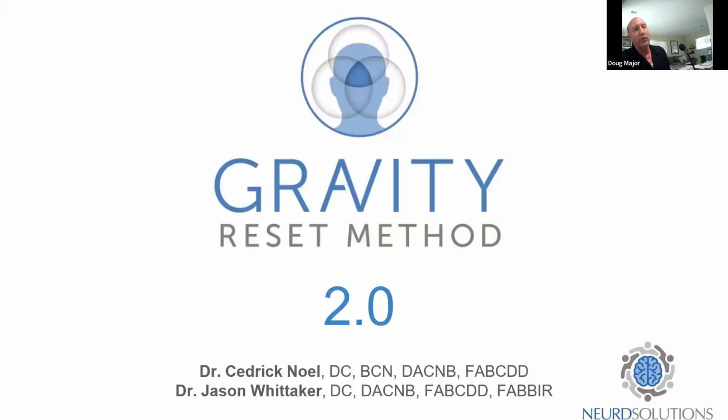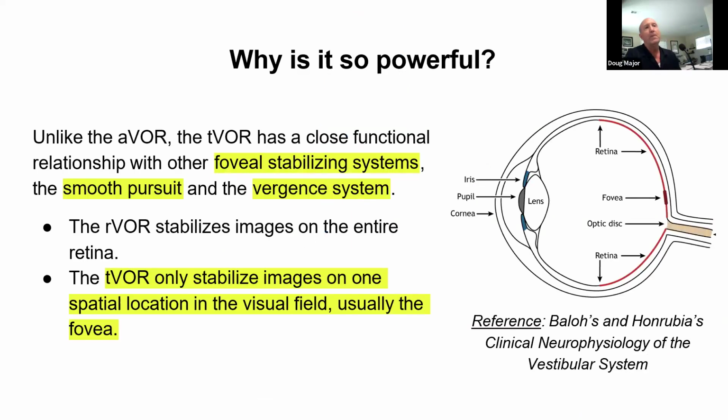And they've come up with this wonderful system, the gravity reset system, which is a cancellation technique for the TVOR. Remember, the TVOR has close functional relationships with the stabilization system, smooth pursuits, and vergence, and it stabilizes that image on the entire retina.